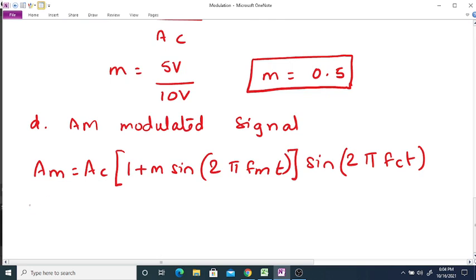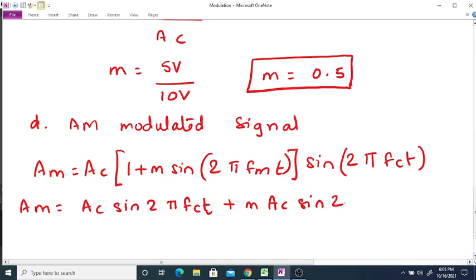So, here we will get sAM is equal to, if we open this bracket, Ac sin 2 pi fc t plus M Ac sin 2 pi fm t multiplied by sin 2 pi fc t.